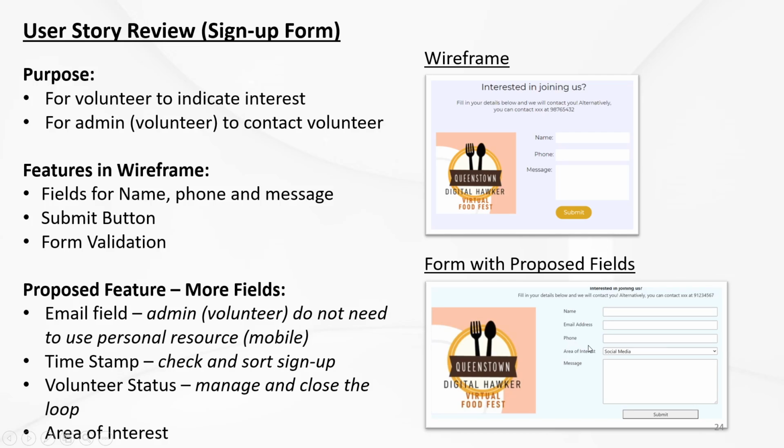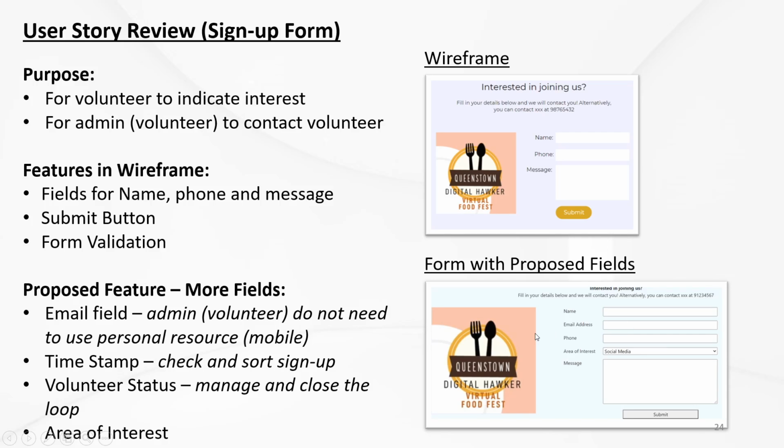Hence, we want them to be able to use their email address, or a public email address that's set up for them to contact the volunteer sign-ups. So you can see here in the proposed design, we want to have an additional field called email address for volunteer sign-ups to list down their email address.